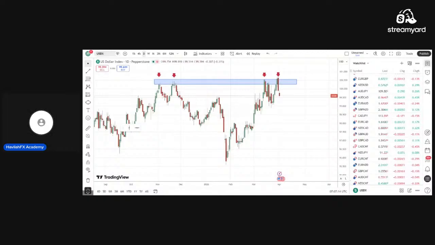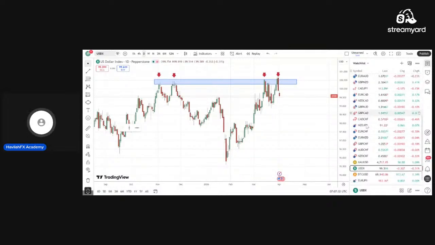Being bearish on the dollar here means I'm looking at bearish opportunities strictly on the USD/CHF, the USD/CAD, and the USD/JPY, while the anti-dollar pairs like the Euro, GBP/USD, AUD, NZD are expected to go in the bullish direction. So let's look at what is happening now to the USD/CHF and the USD/CAD.